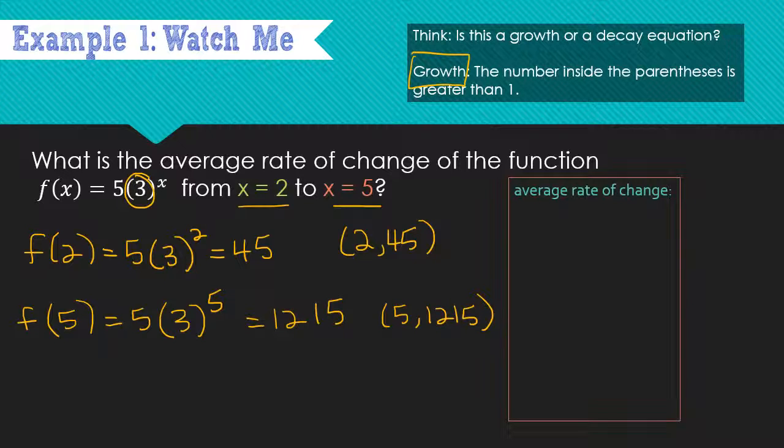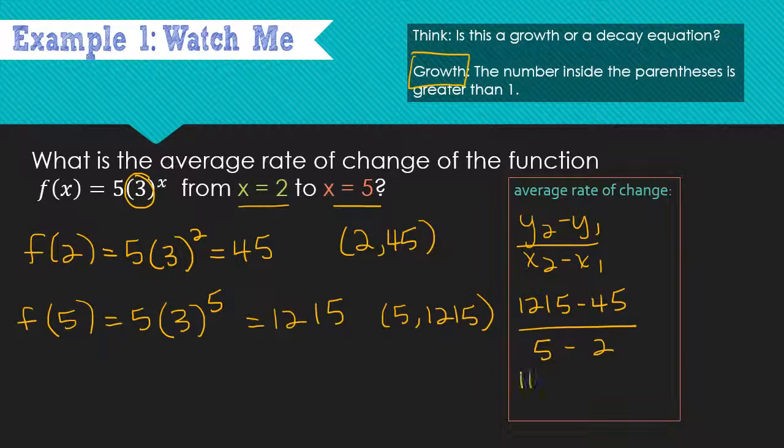So now I can go ahead and apply my average rate of change formula to find my answer. So y2 is 1215 and y1 was 45. My x2 was 5 and my x1 was 2. So when I simplify this, 1215 minus 45 is 1,170. 5 minus 2 is 3.